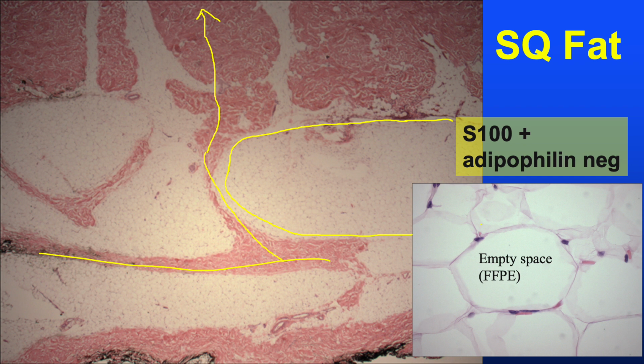And looking at the individual adipocytes in a formalin-fixed paraffin-embedded specimen, we're basically just seeing an empty white-colored space where the lipid was washed out. And corresponding to each adipocyte is the nucleus of the adipocyte.